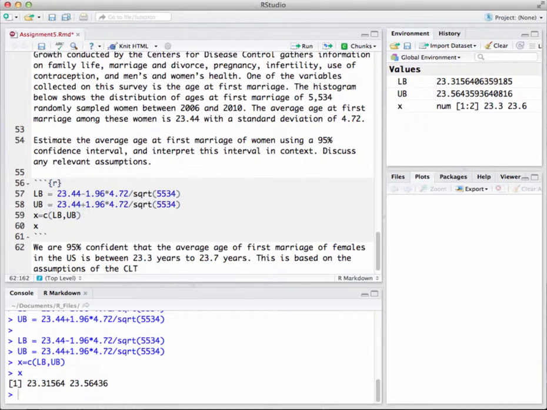Well, we can assume that the samples were independent of each other. They didn't go and find a bunch of women that lived in the same village and all married around the same age or something like that. That they did a good job of the sample and that the sample size was greater than 30. So even though the shape of the original distribution is skewed to the right, that doesn't matter. It's not going to change our results, okay? So I'm going to leave it at that.